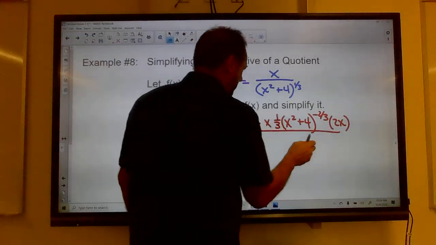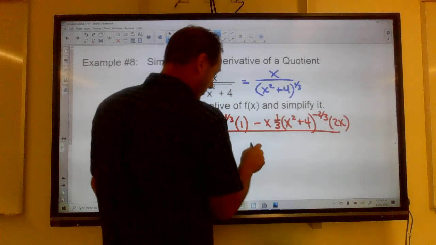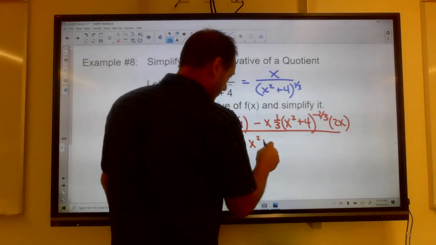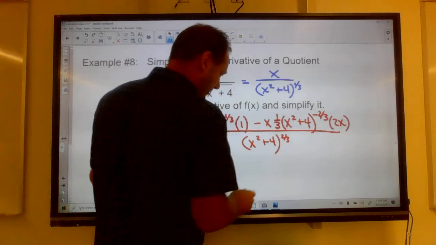All of that will be over g of x, in this case, the denominator here, squared. So that's going to be x squared plus 4. Instead of the 1/3 power, it's going to be the 2/3 power.